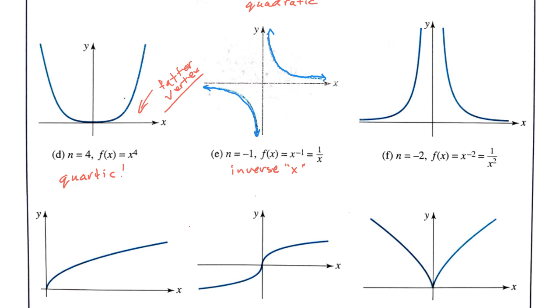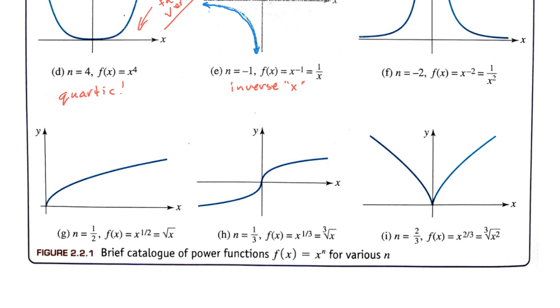Okay? So now, this next graph we've seen, you saw an example of that earlier. We called this the square root function. Now, this is the cubed root function, something that looks like y is equal to the third root of x.